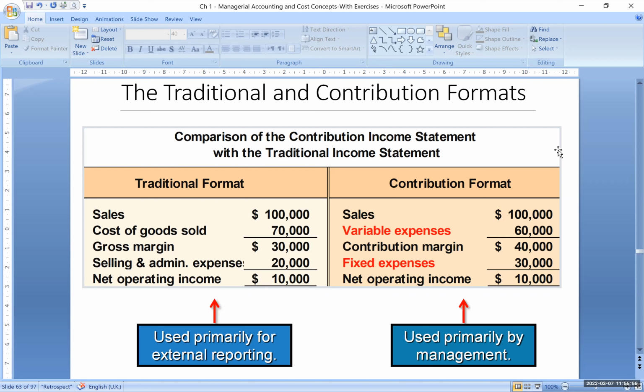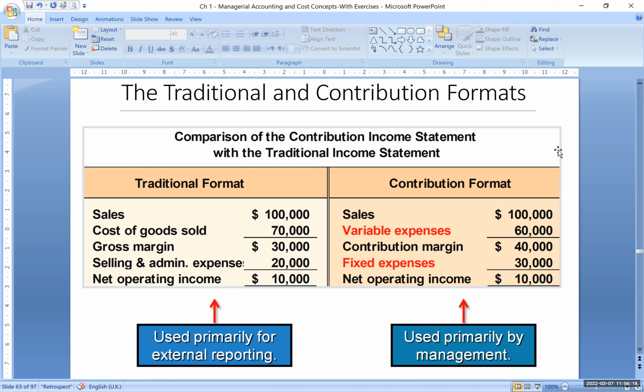This was the traditional format. We learn about the traditional format in principles of accounting. So sales minus cost of goods sold equals gross margin, minus selling and administrative expenses, equals net income or net operating income.